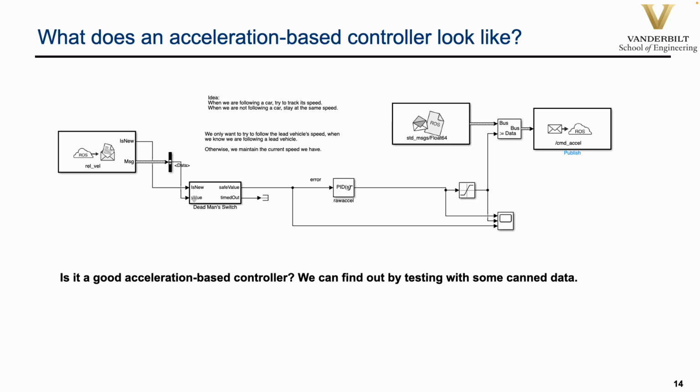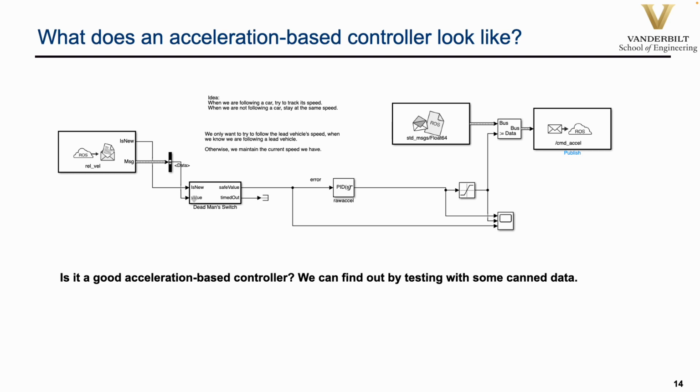It's got a switch here that's listening to the isNew message from relative velocity. If that isNew message ever disappears for more than, I think, half a second, it outputs a value of 0. That output of 0 then becomes: I want to maintain a 0 acceleration. So my target acceleration should be 0.